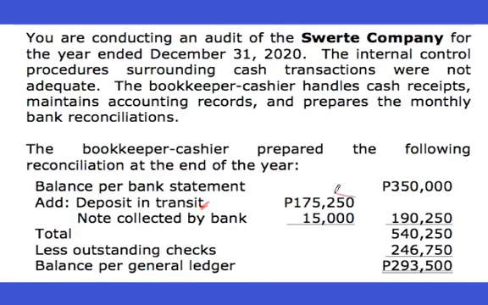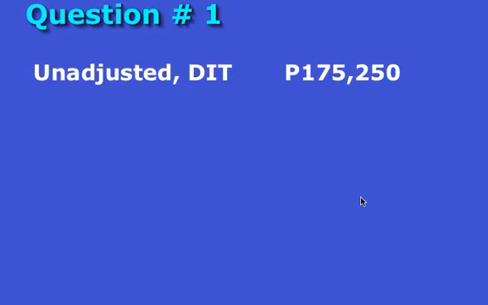Ito yung unadjusted. So, based on the bank recon prepared by the client. So, unadjusted, given. Now, additional information. So, 4 yung binigay na info, 4 bullet points ang given dyan. Ang relevant dyan, yung last bullet point.